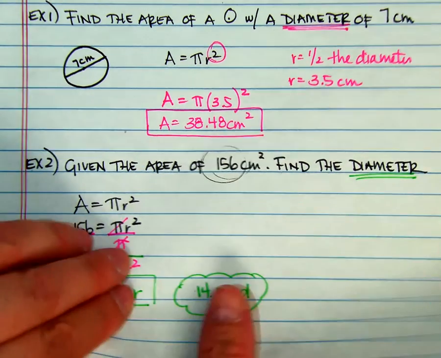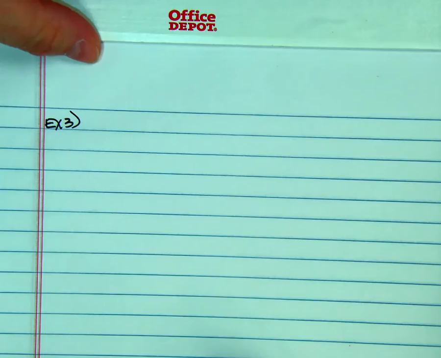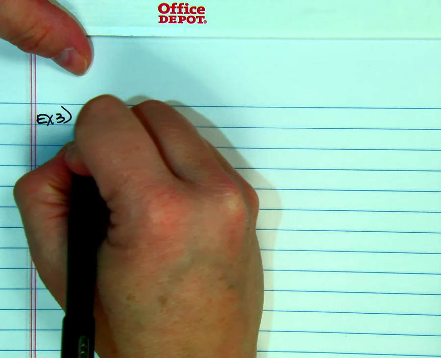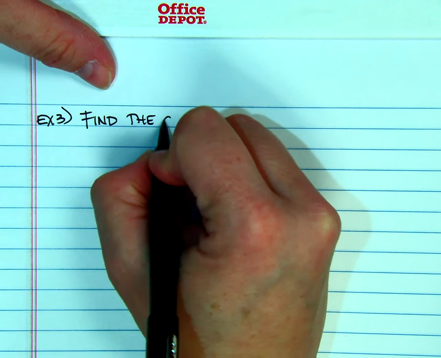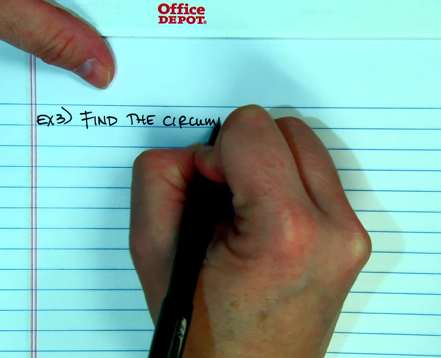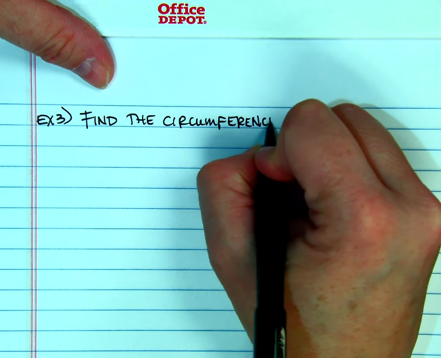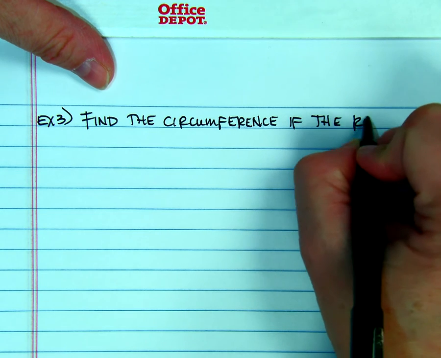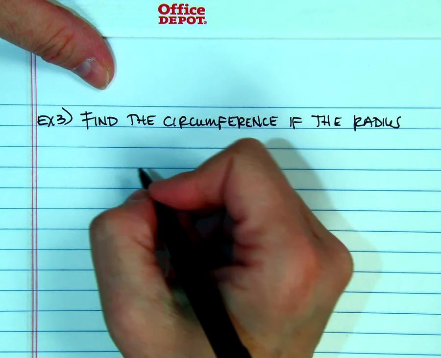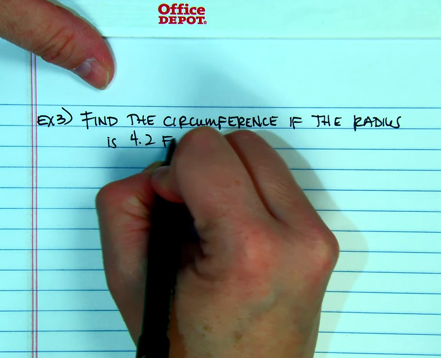So 2 questions on circumference next. So example 3, we're going to find the circumference if the radius is 4.2 feet.